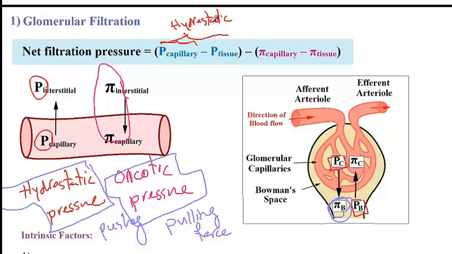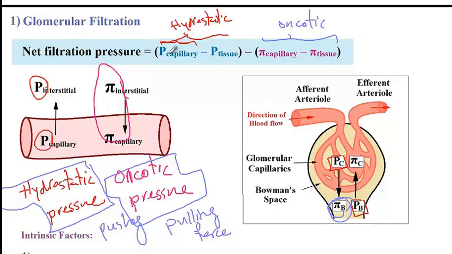Okay, so putting all these things together, we will come to this final formula that tells us net filtration is hydrostatic pressure inside the capillaries minus hydrostatic pressure inside tissues, and then this whole value minus pi of the capillary minus pi of the tissue or the Bowman's capsule. Again, you don't really need to memorize this formula that I've shown you here.